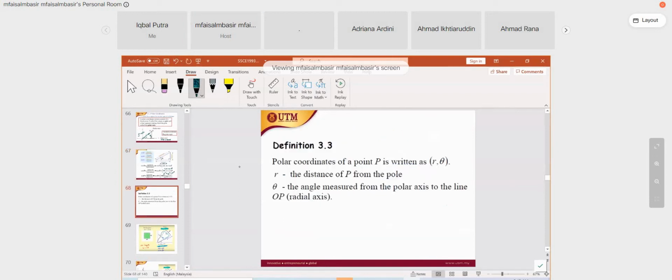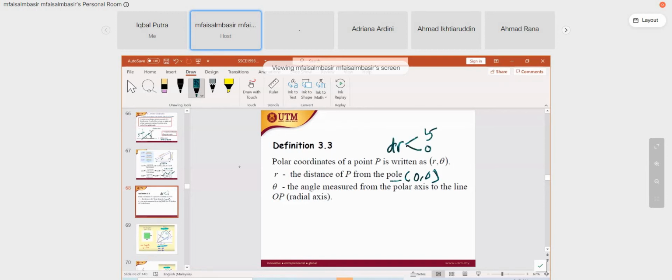Definition. The polar coordinate of a point P is written as (R, theta). R is the distance of P from the pole (0, 0). The angle is measured from the pole axis, but the limit is not always 0.